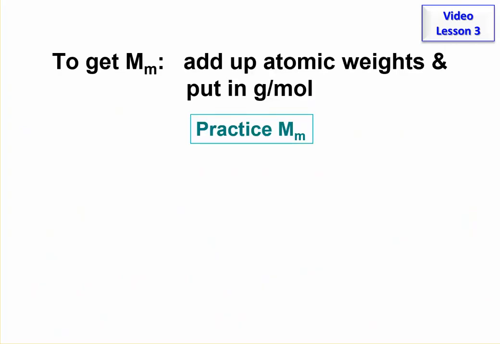Let's do some practice on molar mass, and I think we can fit this one right here. Lead(IV) nitrate. Let's do a molar mass. So we need to write a formula first.